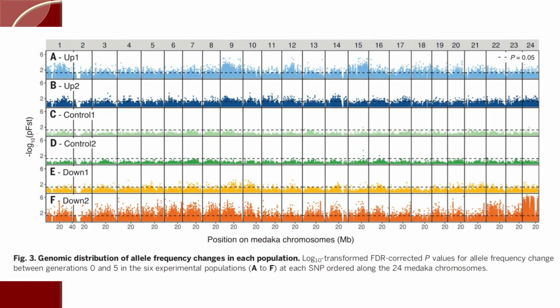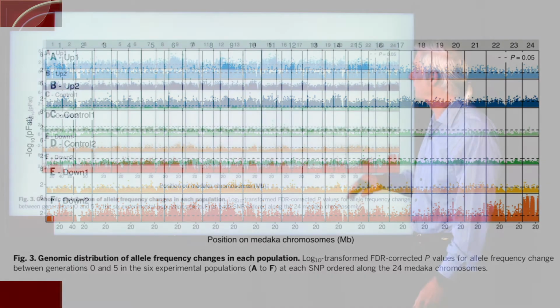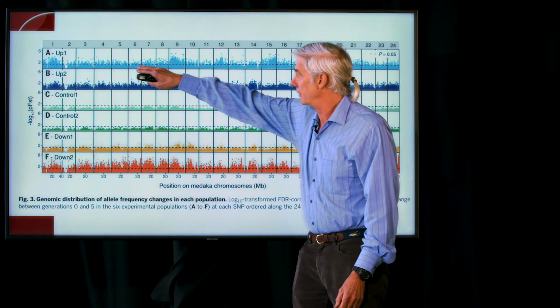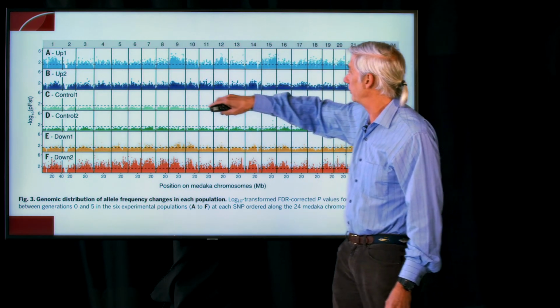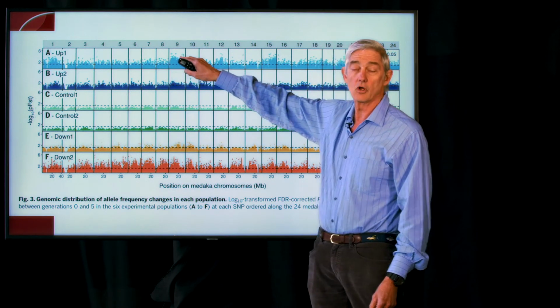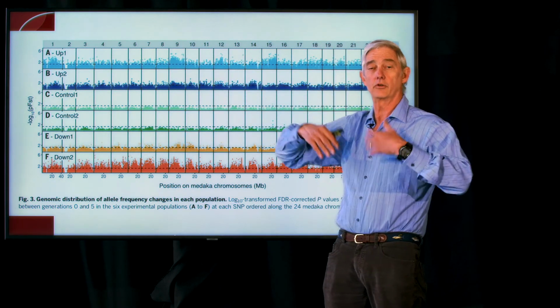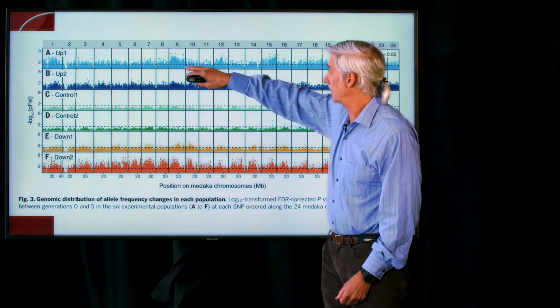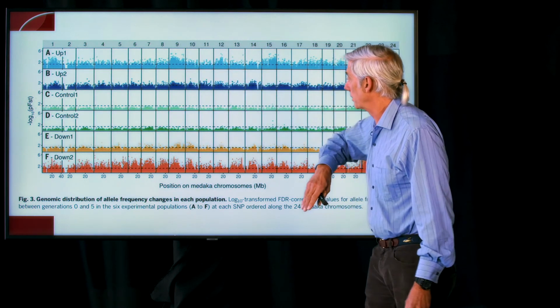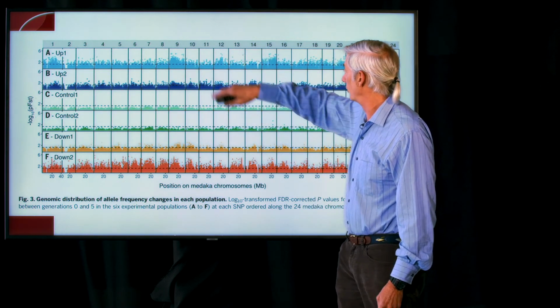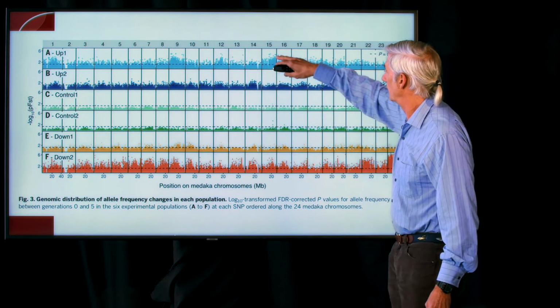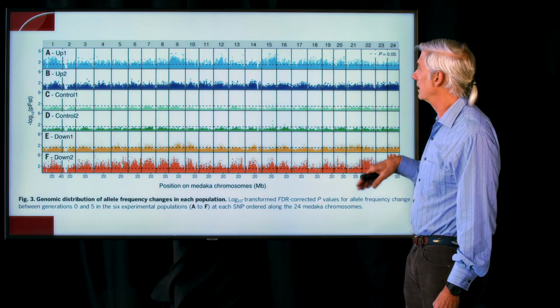What's shown here are the changes that occurred in these minnows across all 24 chromosomes in the up lines, the control lines, and the down lines relative to one another. If you scan this set of data, you see that chromosome 9 has a large number of loci that are strongly differentiated in this particular experiment. We also see strong differentiation in chromosome 12 and chromosome 15.